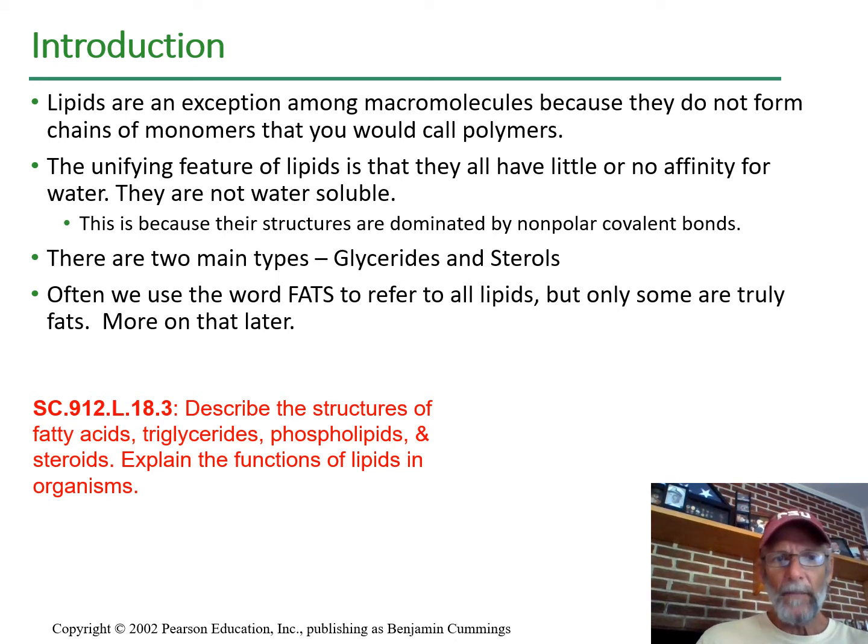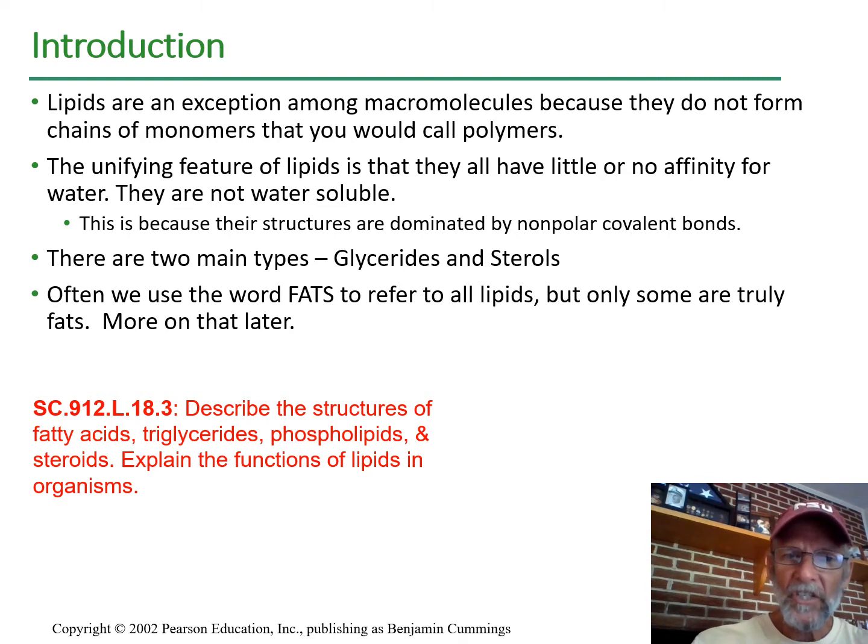So now it's time for lipids. We don't find lipids in that form that we call polymers, and this is quite confusing. You could make a case to call a lipid a polymer because, as we're going to see, most lipids consist of a few parts stuck together, and that's kind of the general idea of polymers.